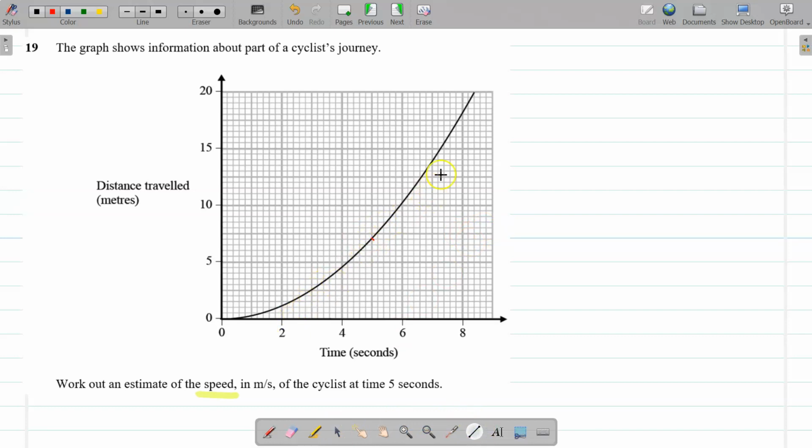Okay, now this is quite difficult on the pen and tablet, but it's an estimate of a line that just touches here. Now here is that line, and you can see it's touching at this point here when the time is 5 seconds, and we just got to work out an approximate gradient of that line. So I'm just going to put some key values.